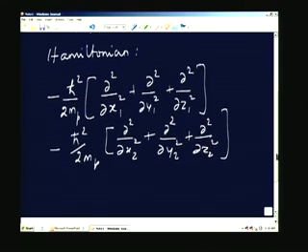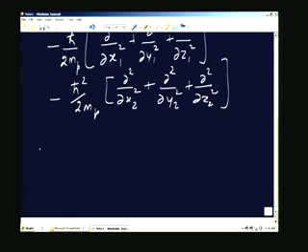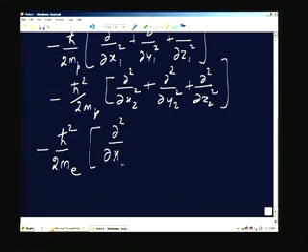It is not enough, not complete. Then we have got the electron kinetic energy, which is minus h bar square by 2me. You are familiar with this from the hydrogen atom, and let me write this as dou square by dou xe square to indicate that this is the electron energy term. Basically this is the momentum along the x coordinate for the electron, momentum square, p square by 2m.